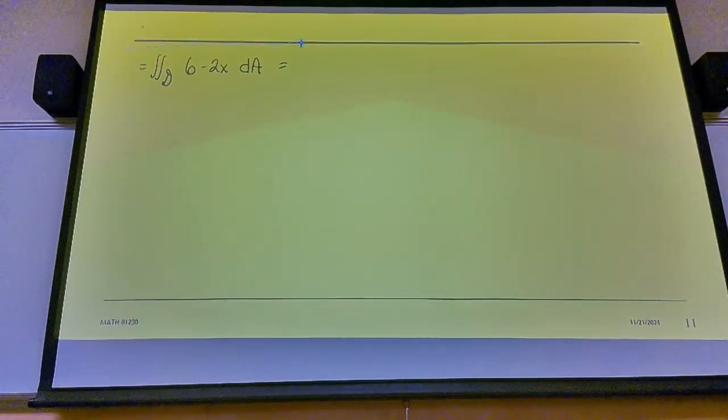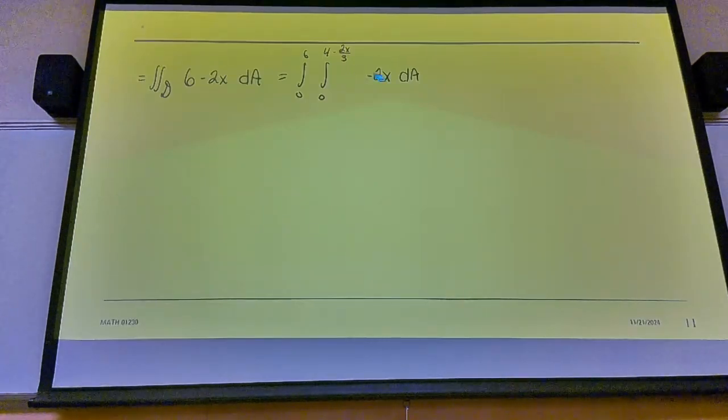Give myself more room so we can all see the bounds. It was 4 minus 2/3 x. I'm actually going to factor out a 2, I think. Make it a little bit easier. Why did I do dA? Because I'm silly. dy dx.